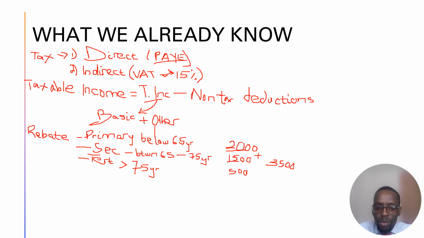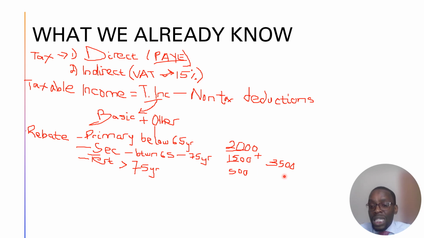And then even if the person was in the tertiary, then it means it's going to be primary of 2,000 plus secondary of 1,500 plus tertiary of 500, which means for someone who is 76 years, for example, that person is going to get a tax relief to the tune of 4,000 according to this, because it's 2,000 plus 1,500 plus 500 rands.